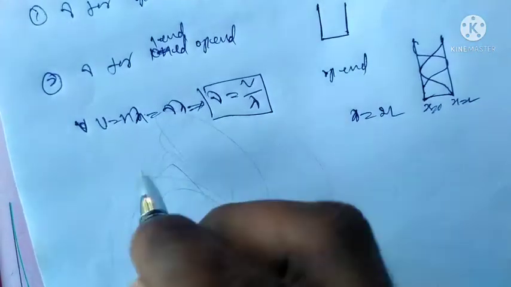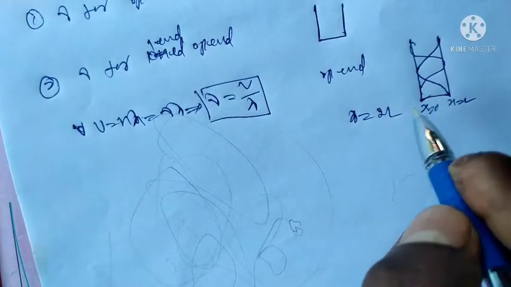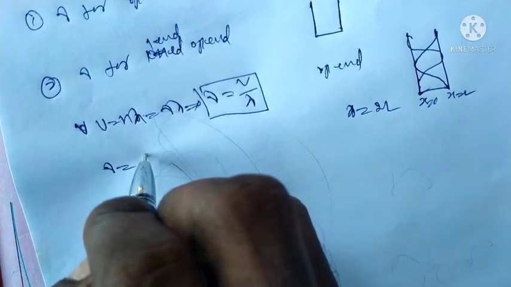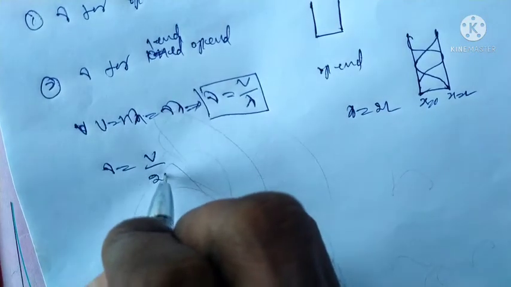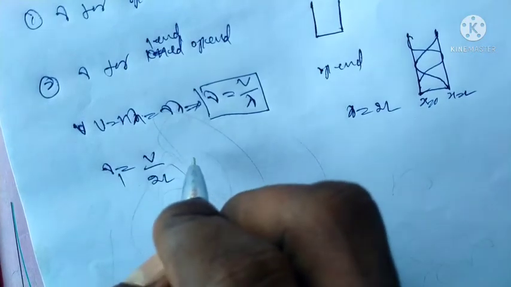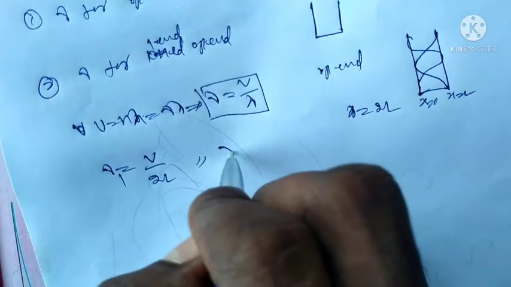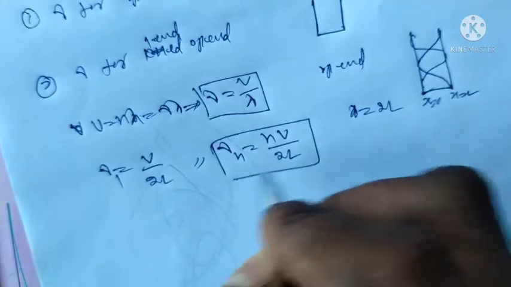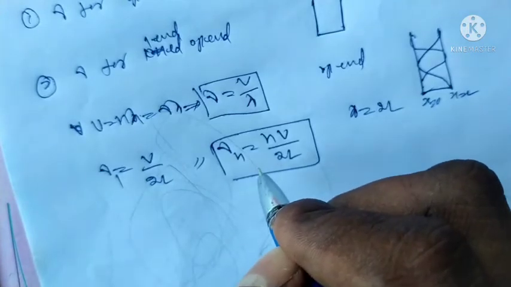We can find the frequency: nu is equal to V by lambda, which is V by 2L. This is for the first wave only. For n waves, nu n is equal to n V by 2L. This is the frequency.